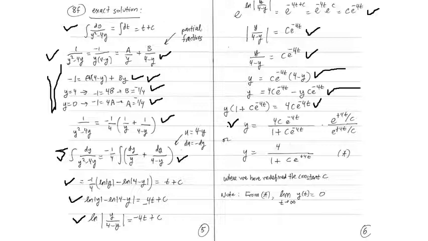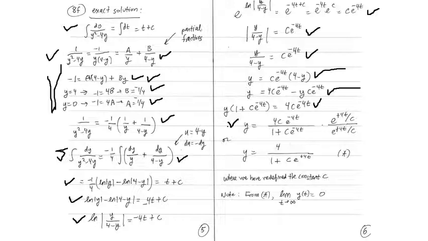We can still simplify that a little bit more if we divide by c and multiply by e to the 4t. That will get rid of the c upstairs and the exponential upstairs.